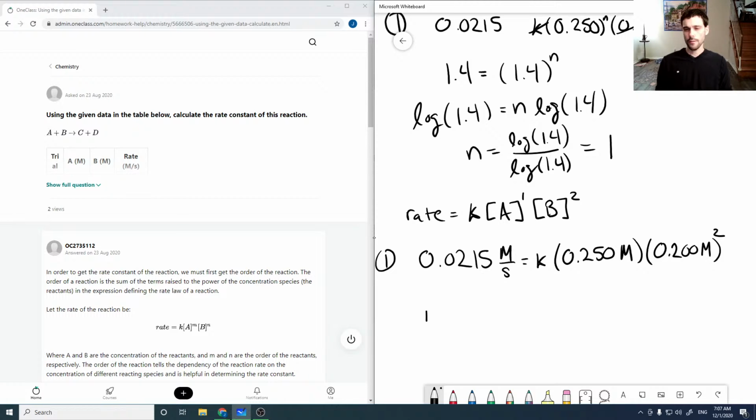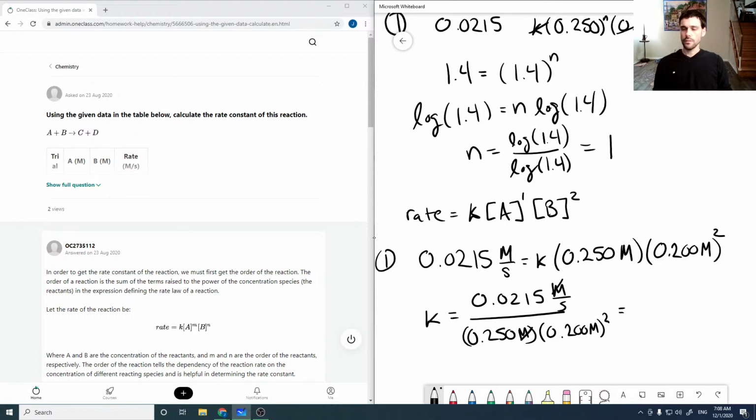Rearranging for our K, it's 0.0215 molar per second over 0.250 molar, 0.200 molar squared. And so one of these molars will cancel, but then we're going to have a 1 over molar squared second.